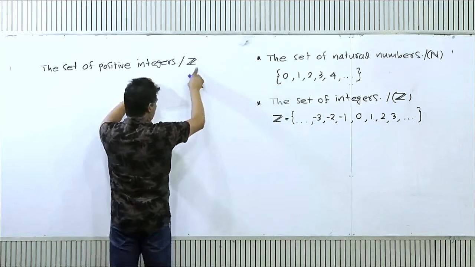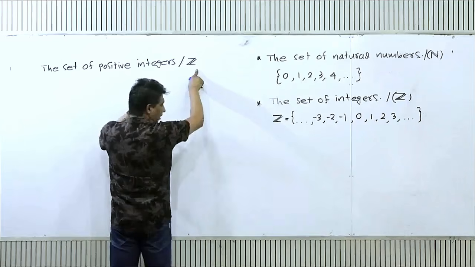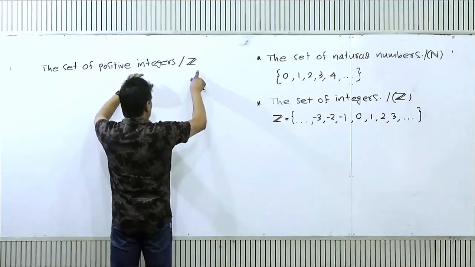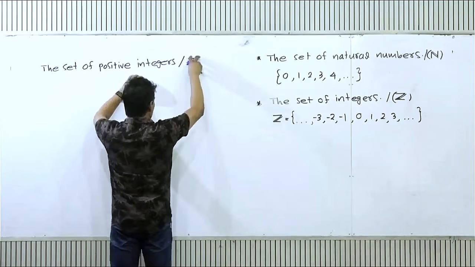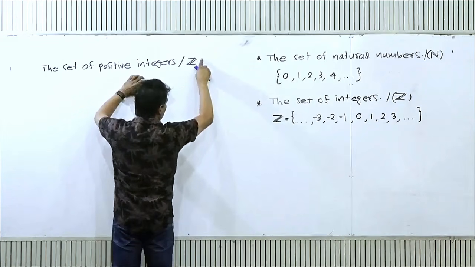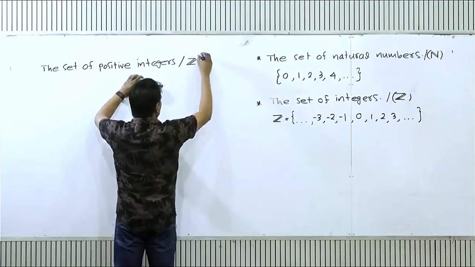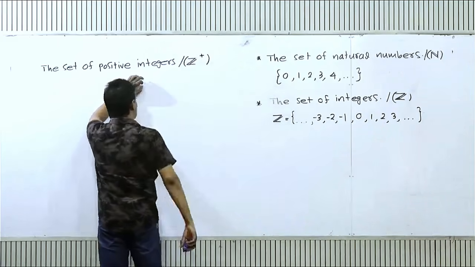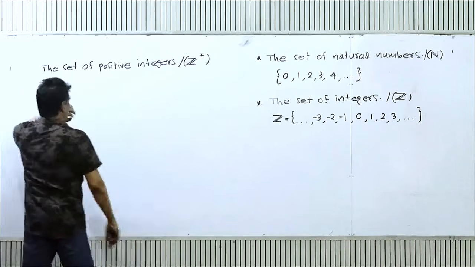This is the symbol for integers. Now we are talking about positive integers, no? For that case, we have to write this symbol and a small positive mark over the top. This is the symbol.